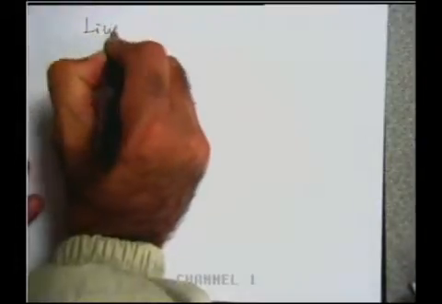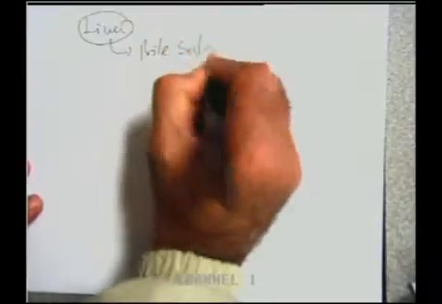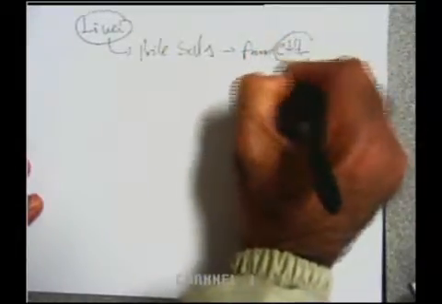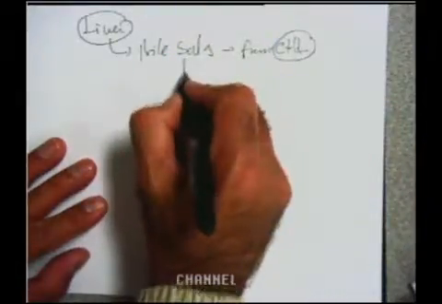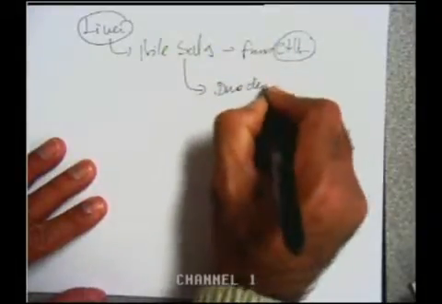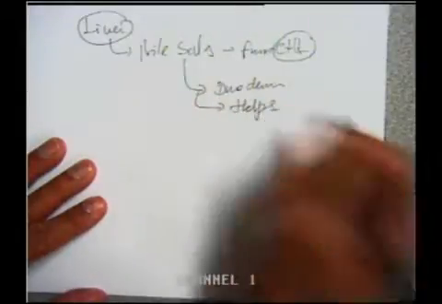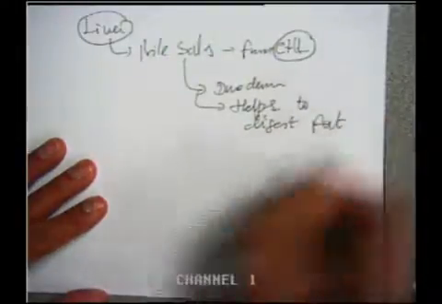I'll put it in a different way. The liver produces what? Bile salts from where? The liver produces the bile salts from cholesterol, CHL, I just condensed the abbreviation for cholesterol. These bile salts are secreted in the duodenum, and with the pancreatic lipase, they help to digest fatty acids or fat.